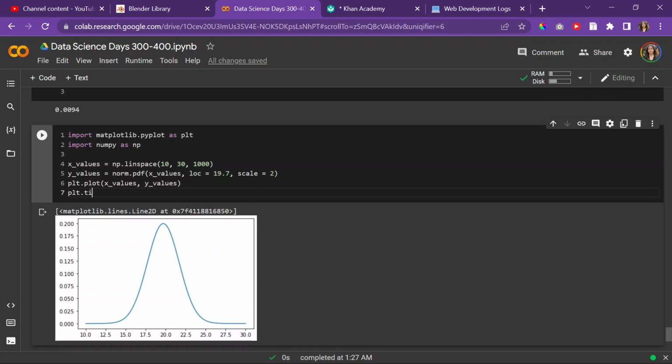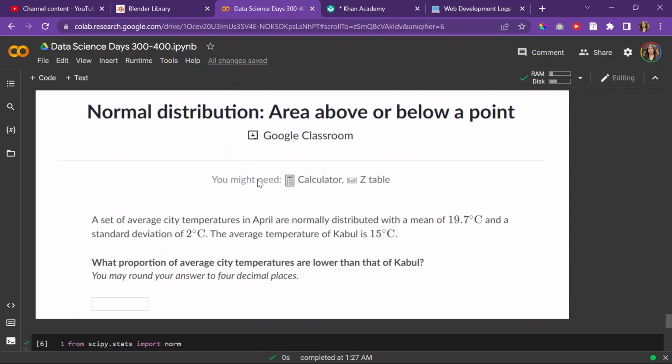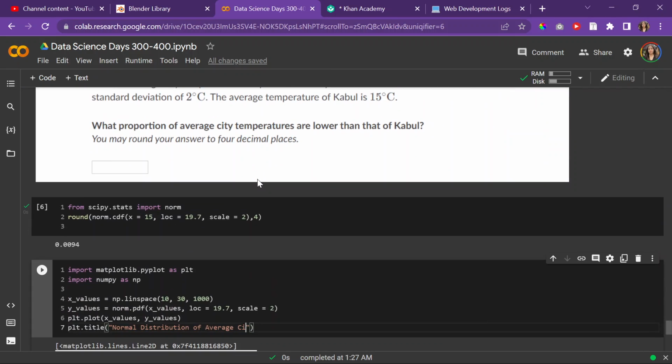And then I also like to add a title. In this case, it's a normal distribution of average city temperatures.